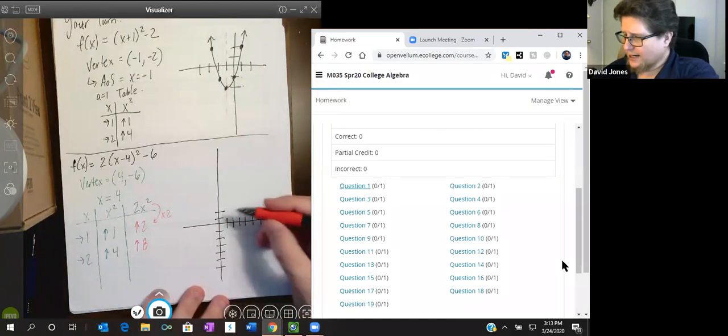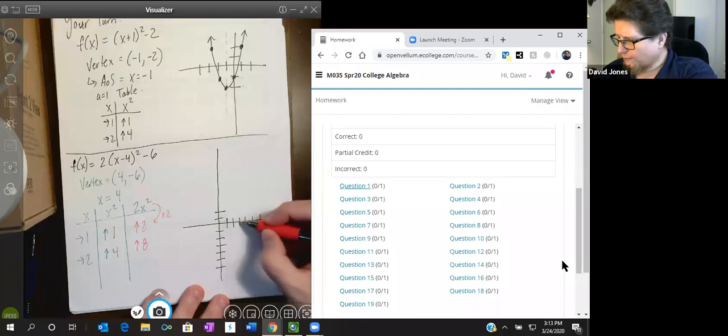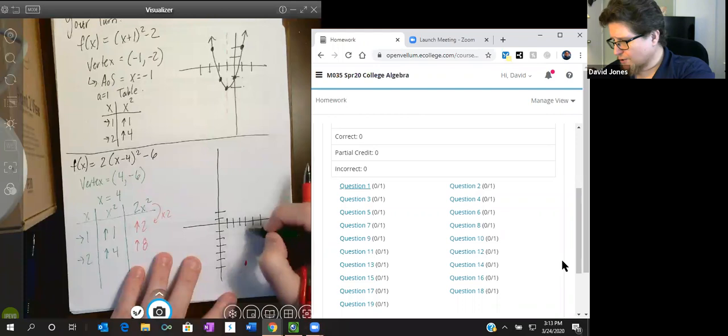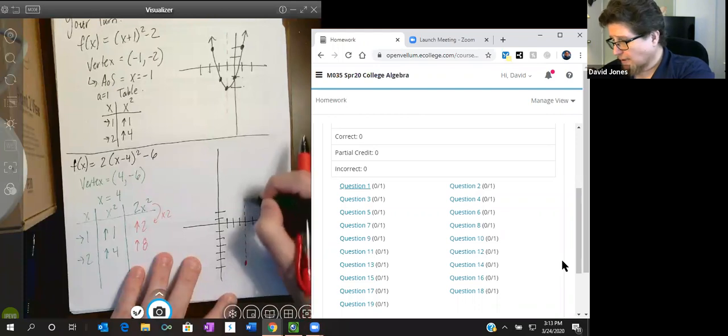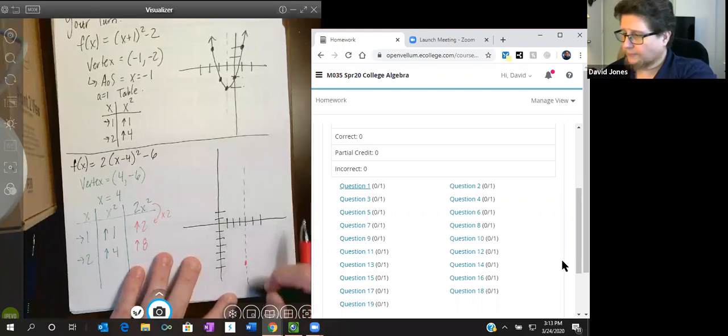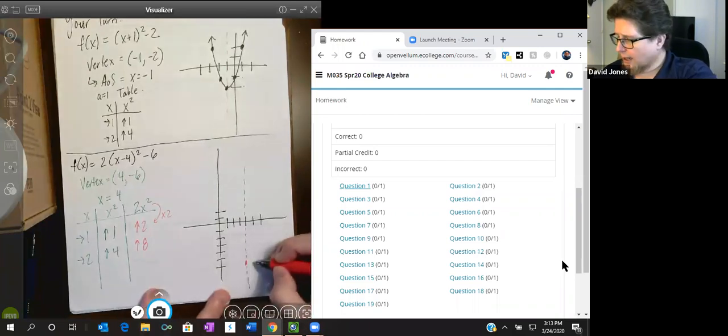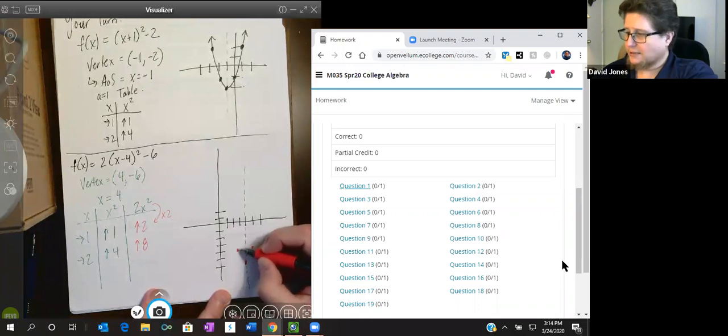So I've got a vertex at 4, negative 6. I'll put my axis of symmetry in. I'm going to go right 1 and up 2, which means left 1 and up 2 to mirror it.